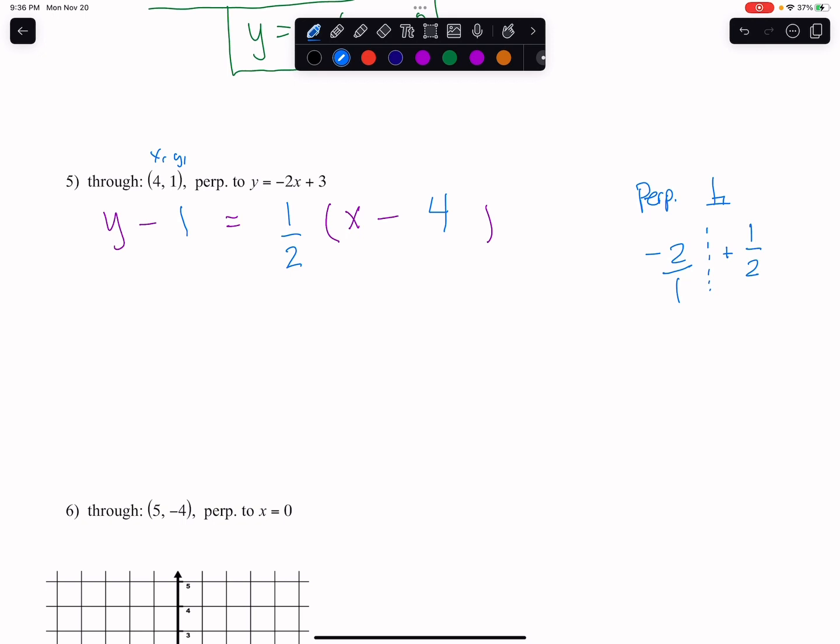Okay, now we go ahead and distribute 1/2 x. 1/2 times 4, well, 1 times 4 is 4, divided by 2 is 2. And then we're going to add 1 to both sides.